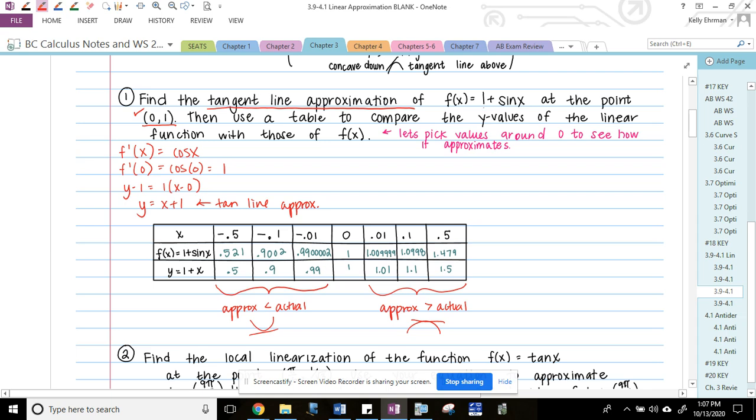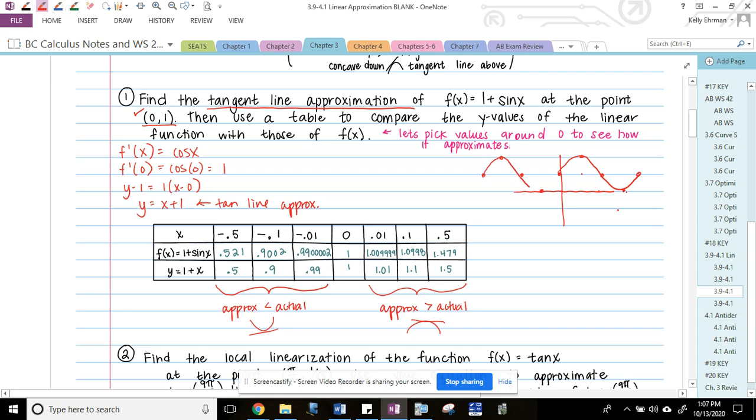If you think about the graph of 1 plus sine x, normally the sine x graph would start at 0, do one of these, right? If you shift it up one, it looks like this, something like this. There's one period of the sine graph. If you go to the left, something like this.